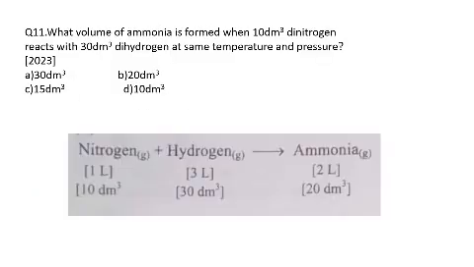Question number 11: what volume of ammonia is formed when 10 dm cube of dinitrogen reacts with 30 dm cube of dihydrogen at the same temperature and pressure? We have seen questions like these before also. When nitrogen reacts with hydrogen, it gives ammonia. 10 dm cube reacts with 30 dm cube of hydrogen and forms 20 dm cube of ammonia. That's why the correct answer here is 20 dm cube.